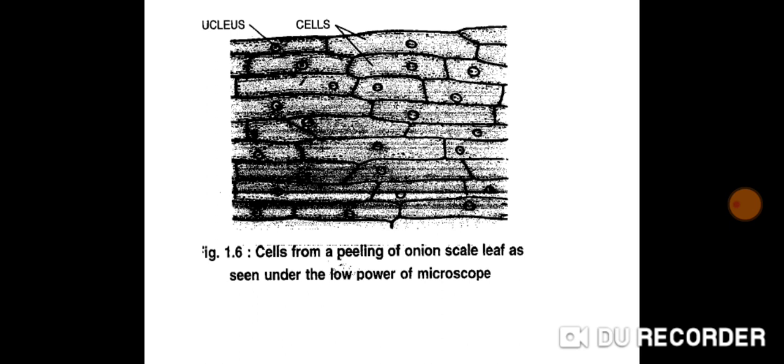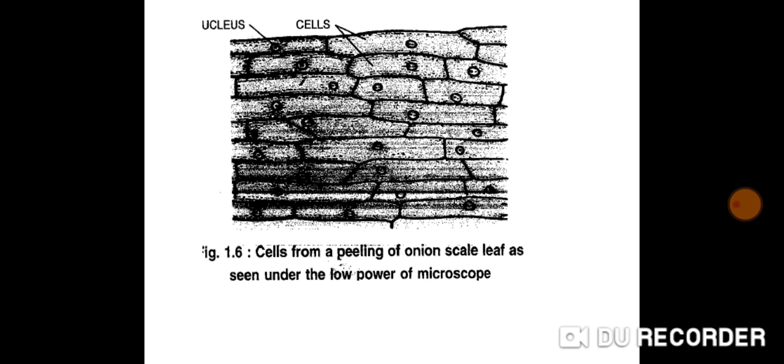Using a forceps, remove this transparent fleshy material and put it into a beaker containing water. Let it be there in water for 1 or 2 minutes, after which take this transparent fleshy material, put it on a glass slide, and cut into a square or rectangular piece.